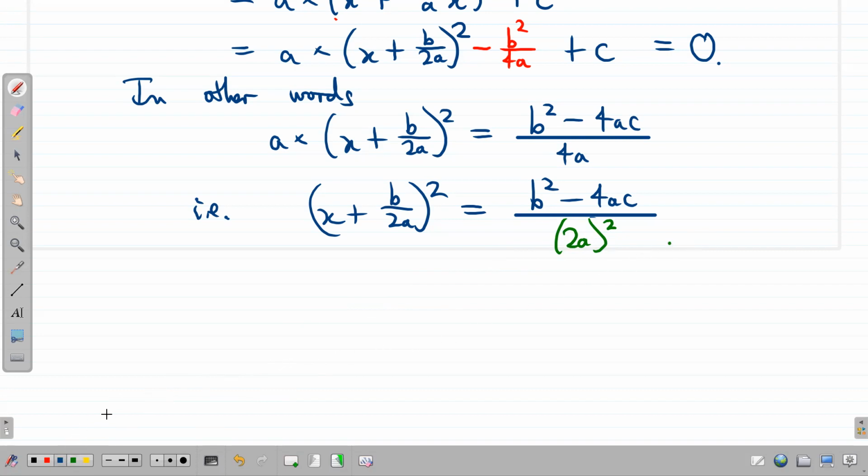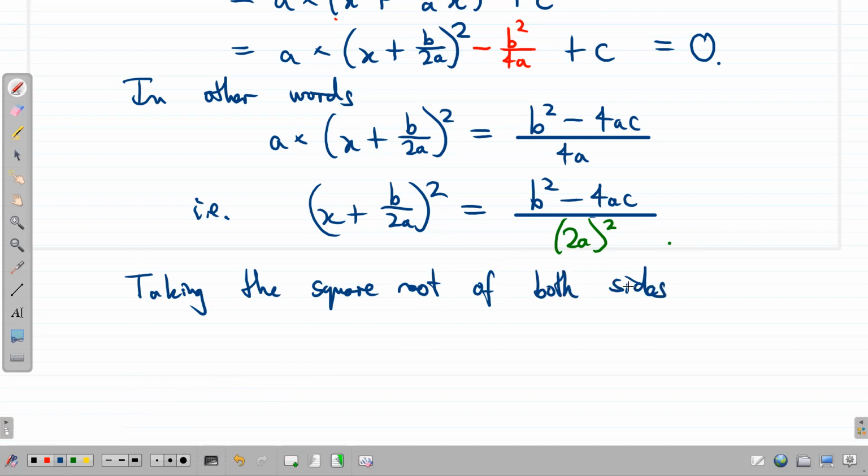Last thing to do is to take the square root of both sides. Let's do that. So taking the square root of both sides of my equation, on the left-hand side, I'll get x plus b over 2a. On the right-hand side, I'll get the square root of b squared minus 4ac divided by the square root of (2a) squared, which is just 2a.